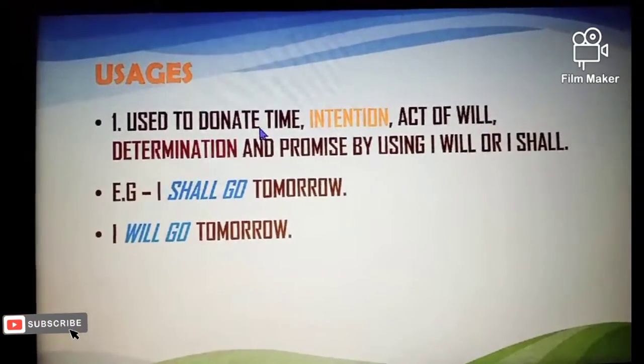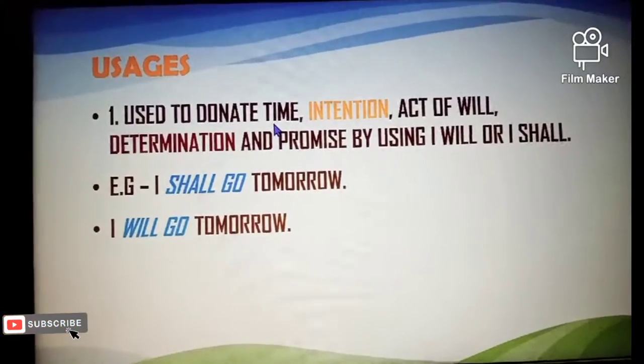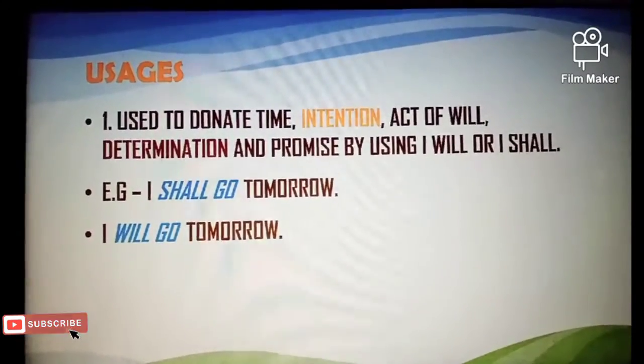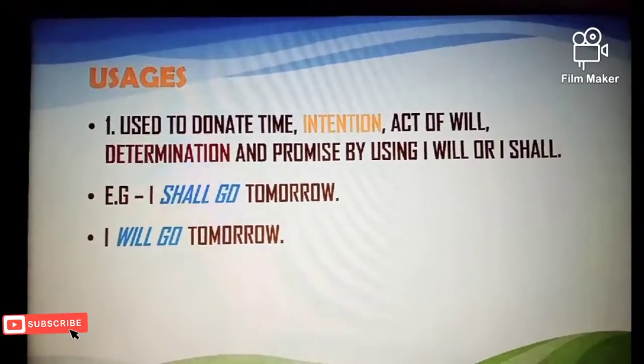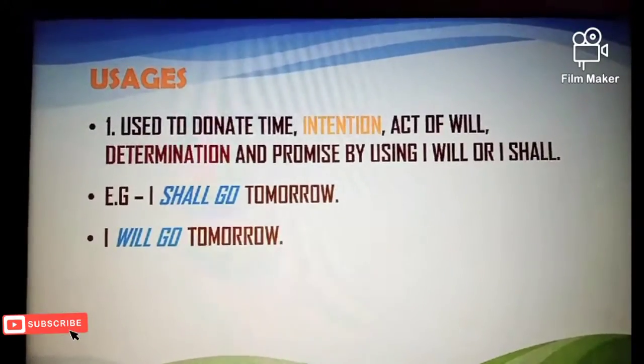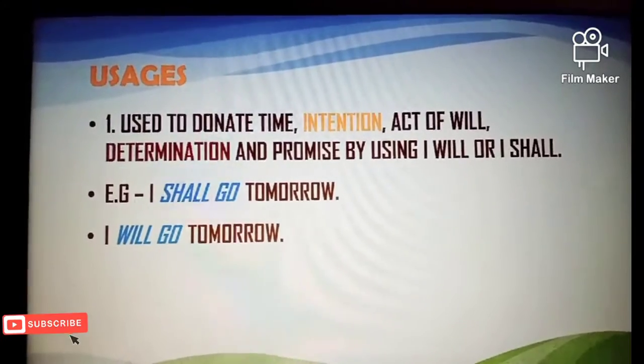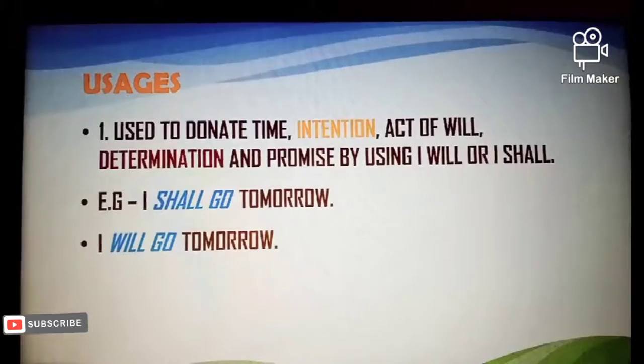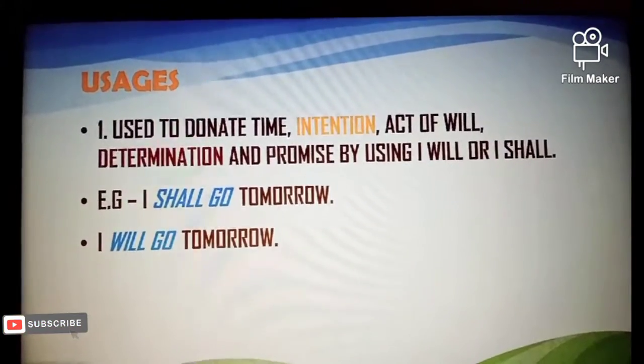We want to denote the intentions, the act of will, that is what we want to do, determination, what you have fixed or will to do, and the promises you are about to make about something. For that we can use I will or I shall.